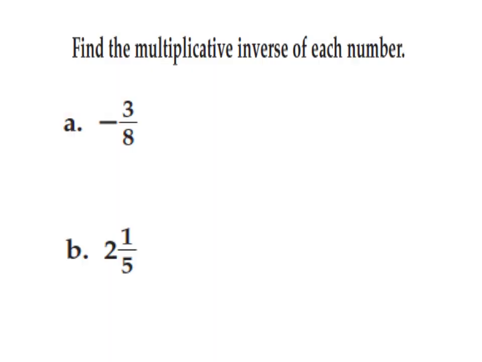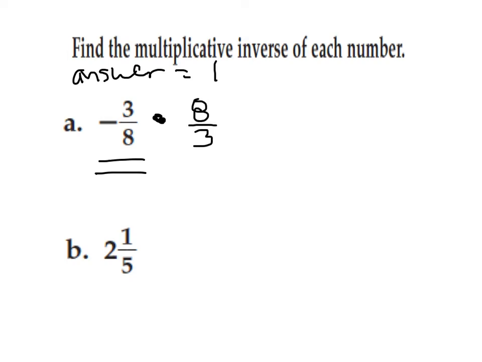In this slide, we're going to practice our multiplicative inverse. What we're looking for is an answer of 1, and that's a positive one. So I am going to take this number. I am multiplying, because the multiplicative inverse means to multiply. I'm going to take the reciprocal of 3/8 and make it 8/3.